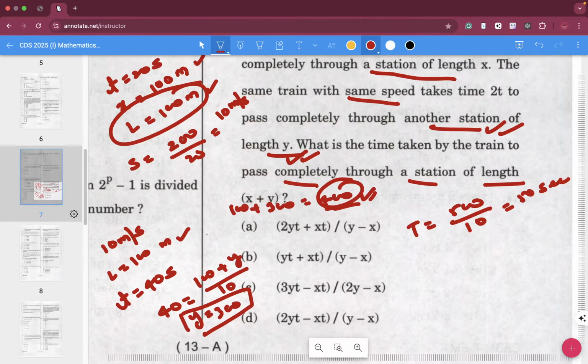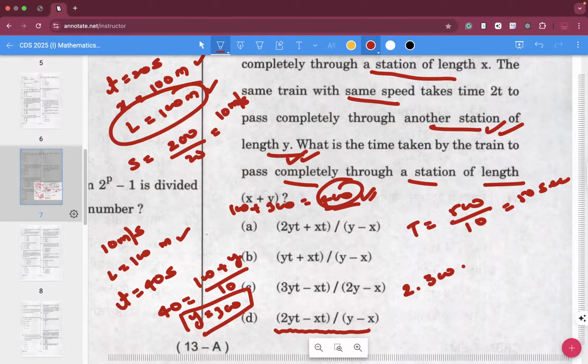Now you have to check which particular option works out correctly. So you put in the values over here. I have already solved for it. So option D: 2 times y, what is the value of y? 300, into t.